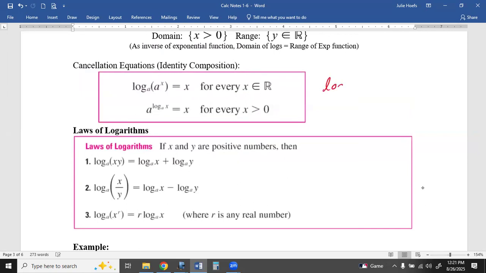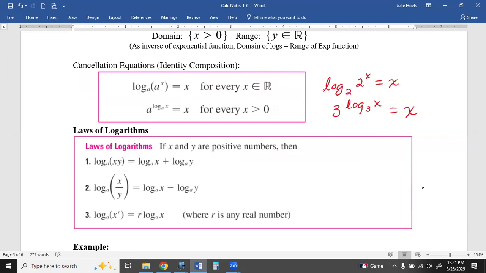So for this one, if you have log base 2 of 2 to the x, that's x, because those basically cancel each other out. If you have 3 to the log base 3 of x, that's x. It wouldn't matter what those a's were. If they're the same, they cancel each other out.